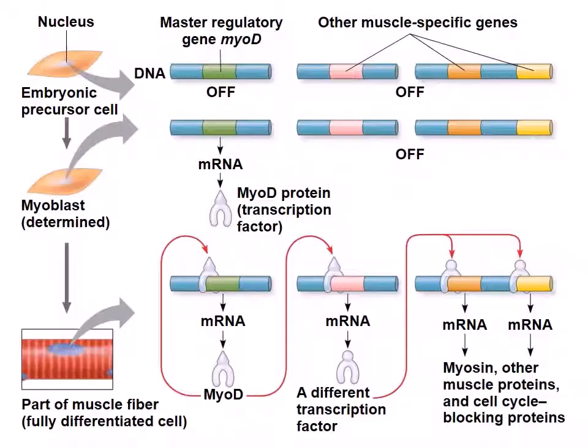However, the MyoD gene is on, so we're beginning the process here. But the other muscle-specific genes are still off. Then, if we look at the muscle itself, which is a fully differentiated cell, that MyoD gene is on, and so are the other muscle-specific genes.